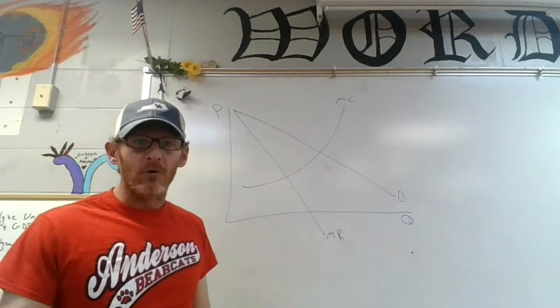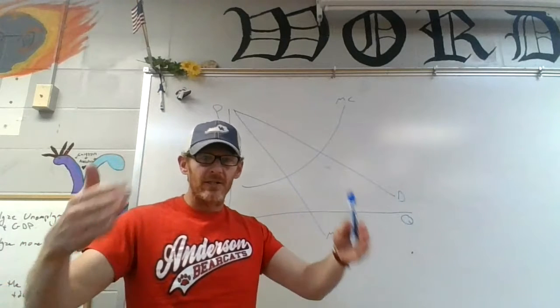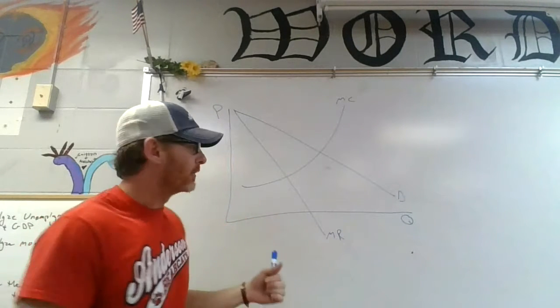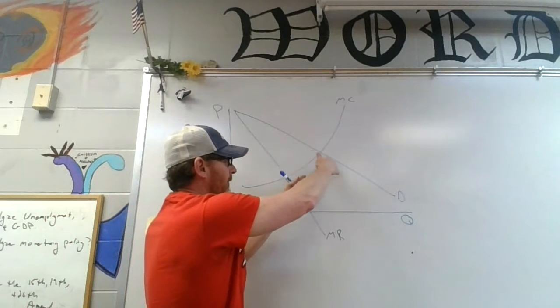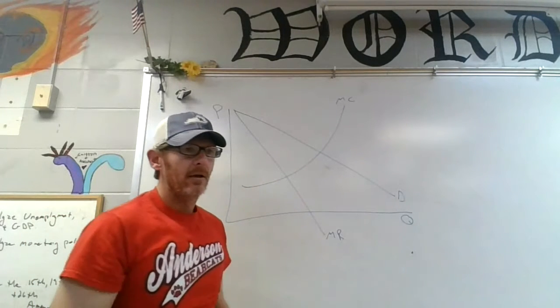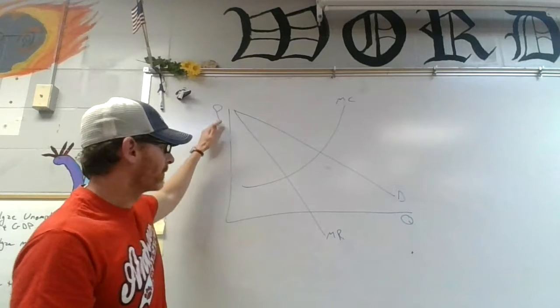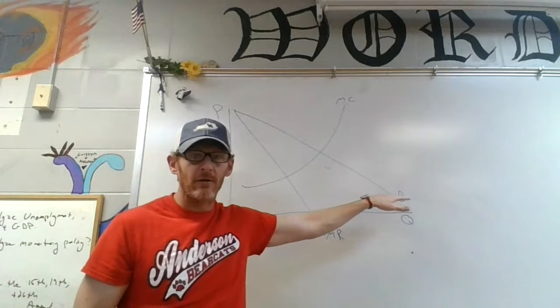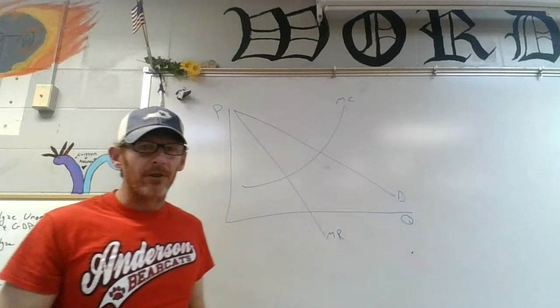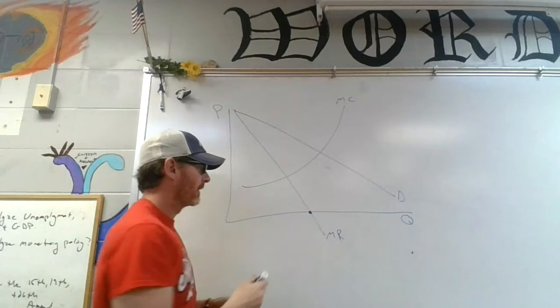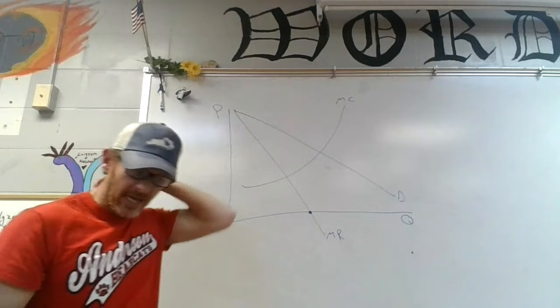And every time they lower the price, they're getting less and less revenue from each additional product, which means there is an increasing split between demand and marginal revenue as the price goes down and the quantity demanded goes up.